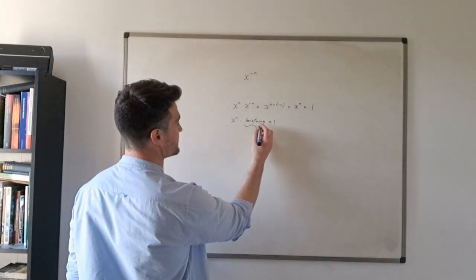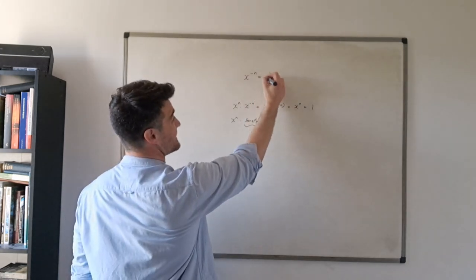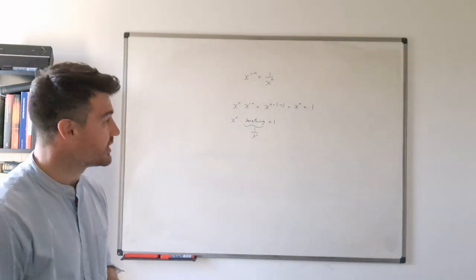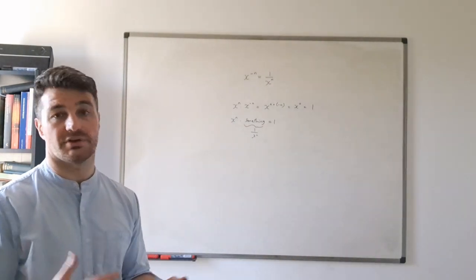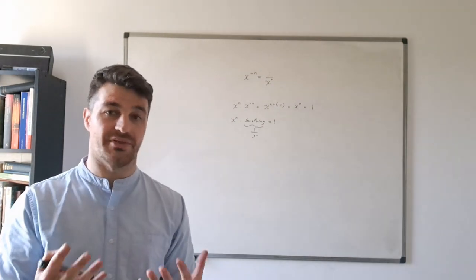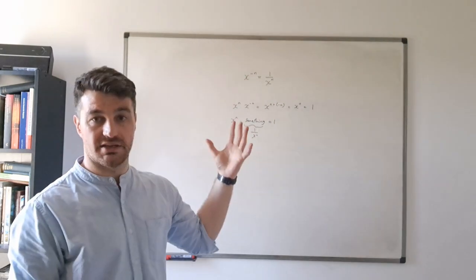So this must be equal to 1 over x to the power of n. Okay, so it makes sense for me to define this as this, 1 over x to the power of n. Of course, you already knew that, right? But now we're kind of giving a justification as to where this comes from. Why do we think of x to the power of minus n as this?